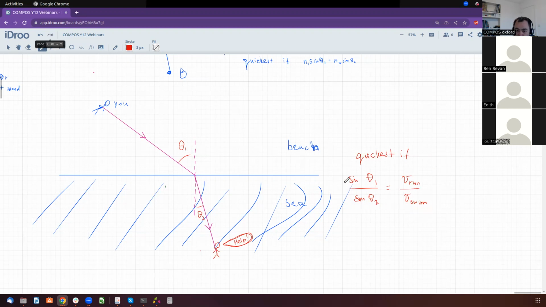Which is the same as to say this is the refractive index of water over the refractive index of the beach.